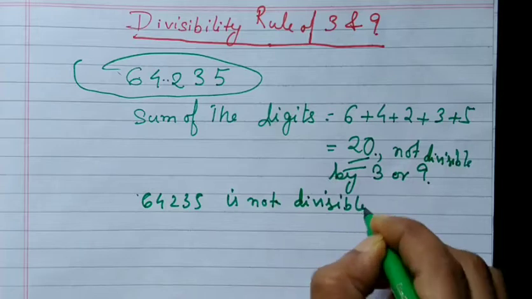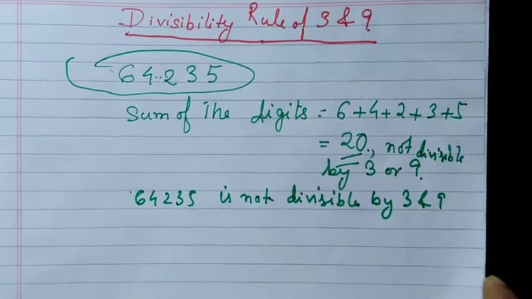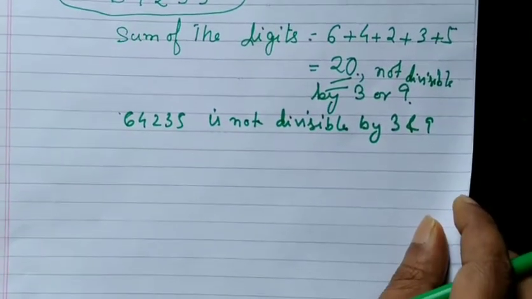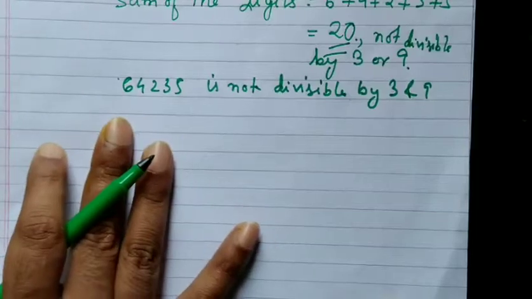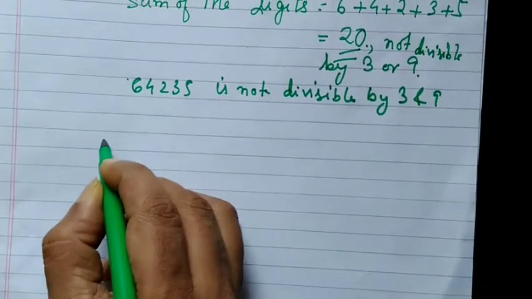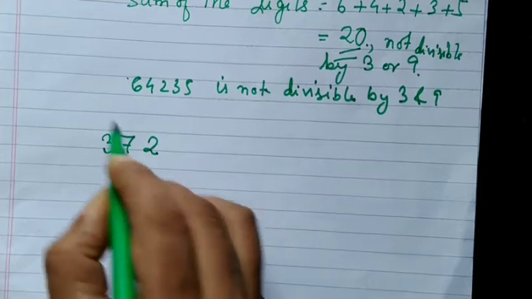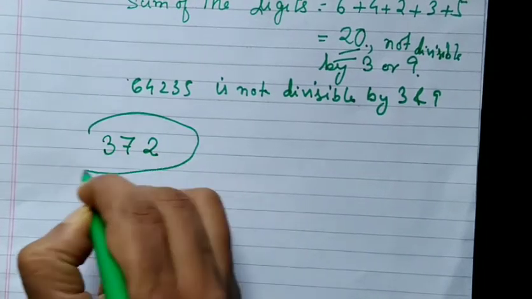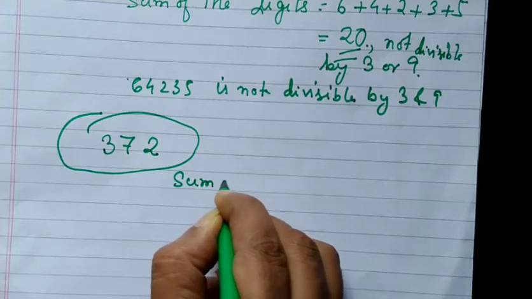Now let us take another example. Suppose this particular number 372, here we have 3 digits. So first find the sum of the digits.